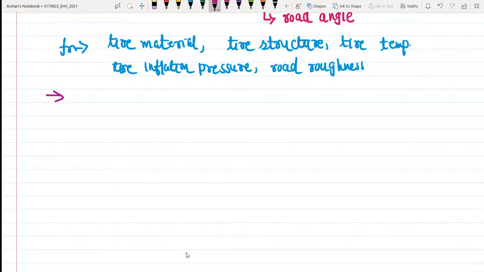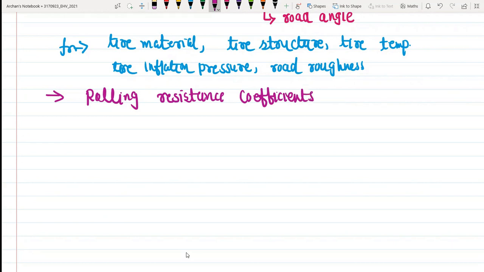We'll try to see some typical values of rolling resistance coefficients for different conditions.